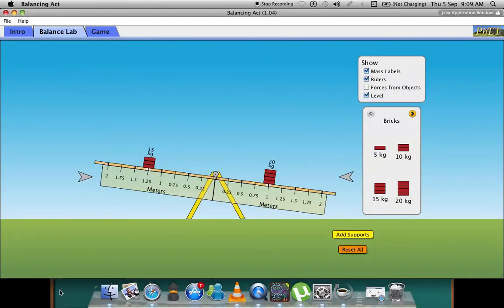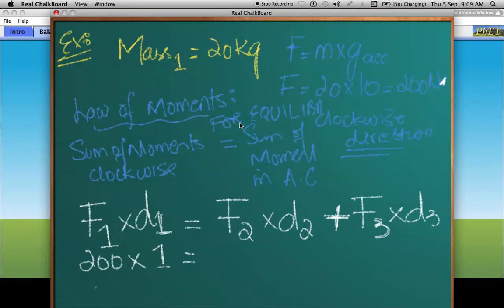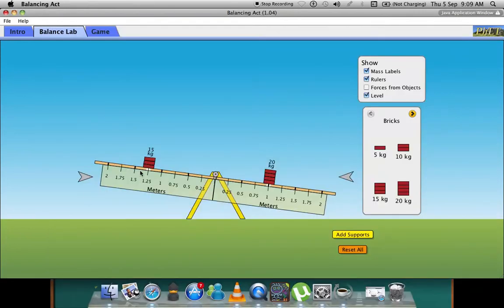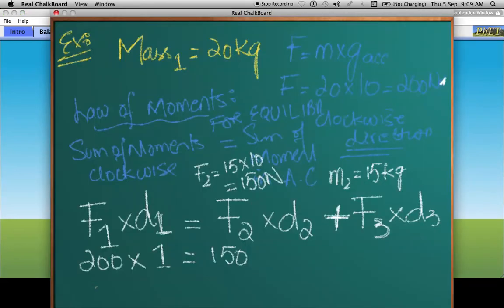The mass 2 is 15 kilograms. So the force associated with this mass would be m times g, 15 times 10. This would be 150 newtons. So this would be 150, the force associated with this mass in the anti-clockwise direction. This would produce a moment in the anti-clockwise direction, times the distance, which is 1.25 meters.